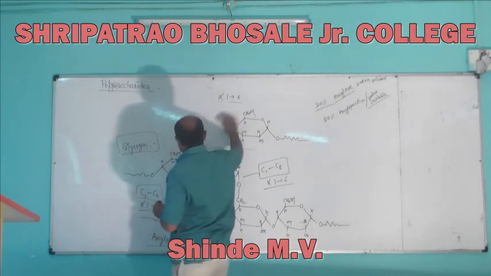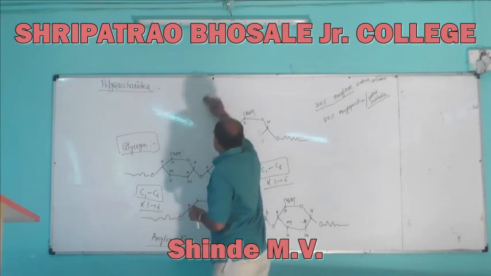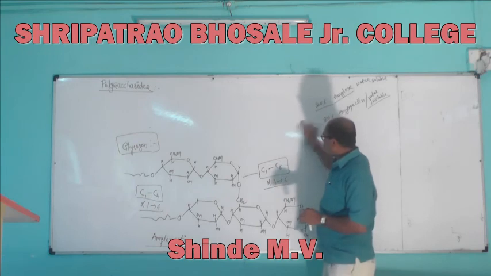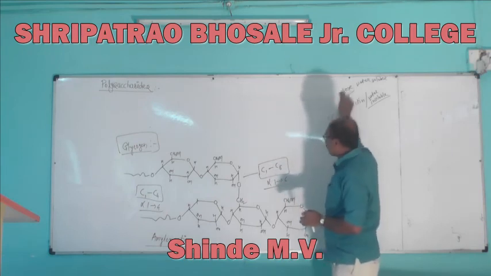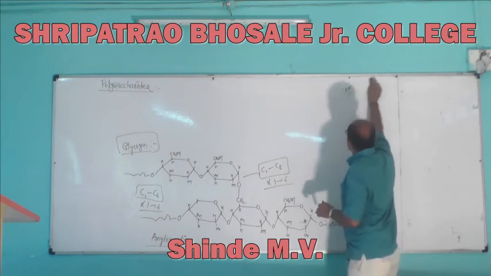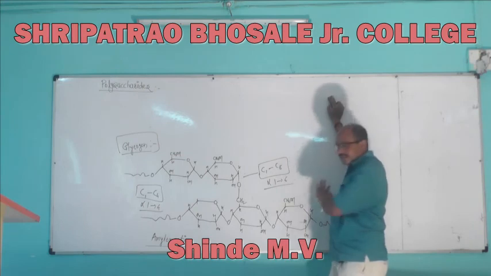Glycogen, which is known as animal starch, on hydrolysis gives us glucose molecules, with a structure like amylopectin, but it has a large number of branches in comparison to the amylopectin structure.